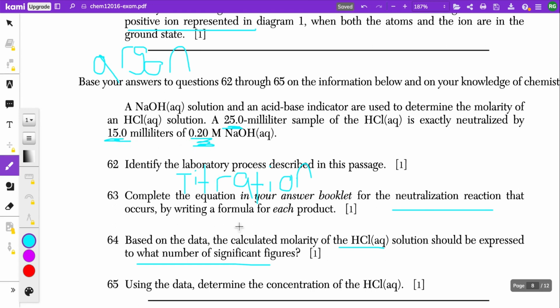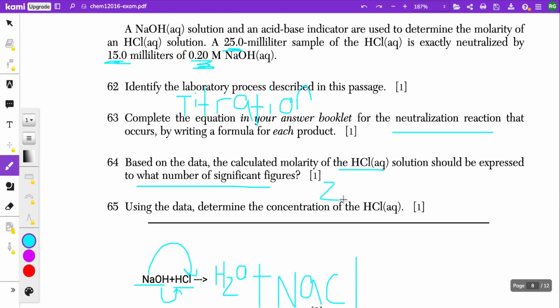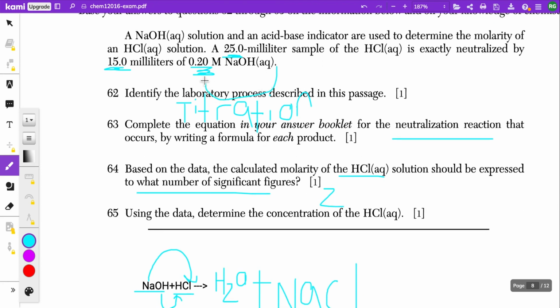And you're going to have to do multiplication. When you're doing multiplication, you have to round to the number with the least number of sig digs. In this case, that is 0.20, so because 0.20 has 2 sig digs, you're going to round to 2 sig digs.